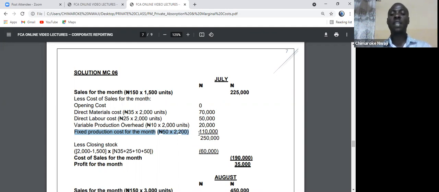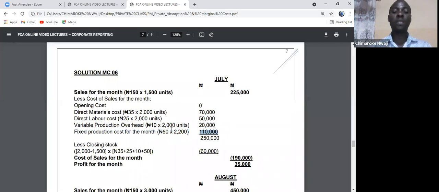Let's assume that this is our factory rent, which is 110,000. They have already apportioned it to the normal average production we produce in a month, 2,200. So it doesn't matter whether you produce 3,000 or you produce 1,000, your fixed cost will still be 110,000.